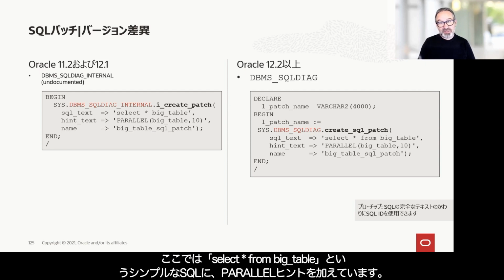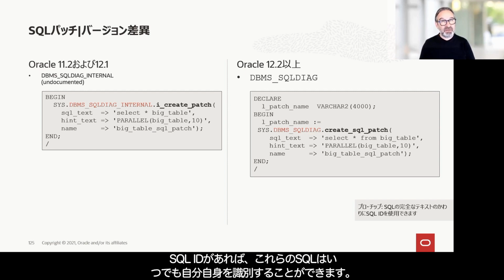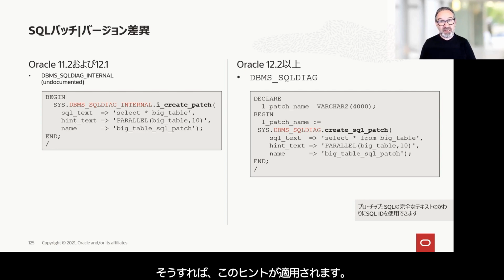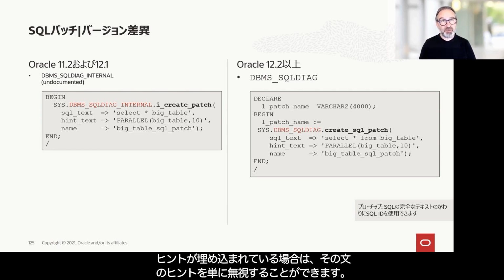And here I'm using a simple SQL text, select star from big table, and I add a parallel hint to it. So whenever this SQL will identify itself with the SQL ID, and certainly as we wrote in the pro tip here, you can use, of course, also the SQL ID instead of the real text, then this hint will be applied. Or in reverse, if the hint would be embedded, we can simply ignore the hint for that statement.